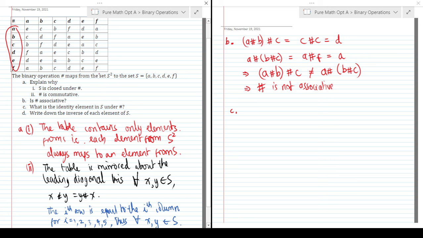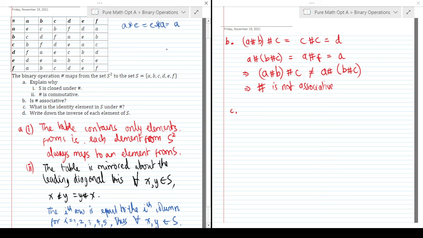Well, you already knew it was here. So what you do is you take this left heading here and look to see where it is repeated down the table, and it is repeated there. So it means that this is the identity. Now, in a general sense, you also have to do it with your rows, because we defined identity as A star E has to equal E star A, and both of them have to give you back A as the answer.